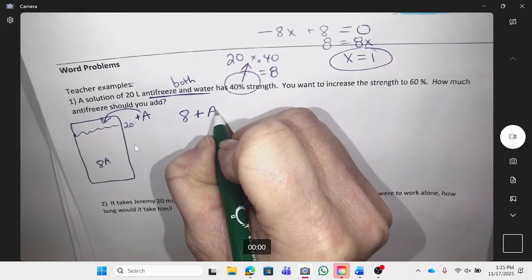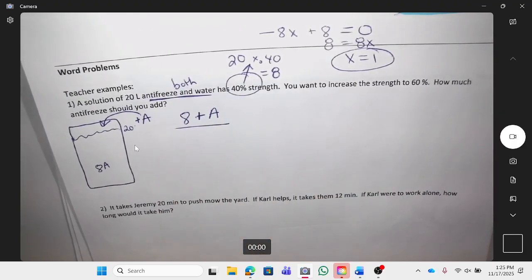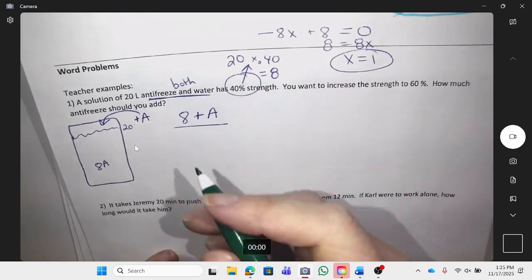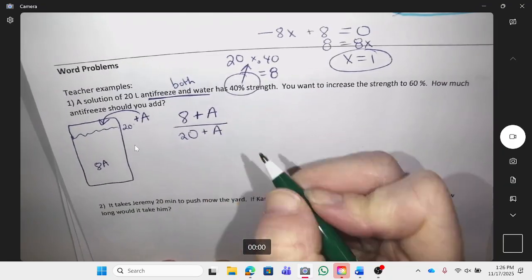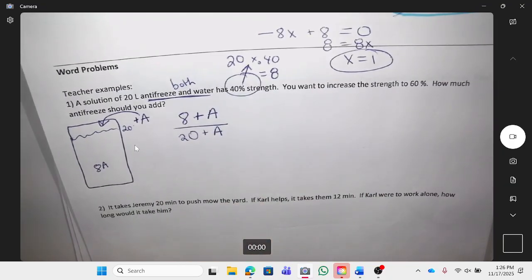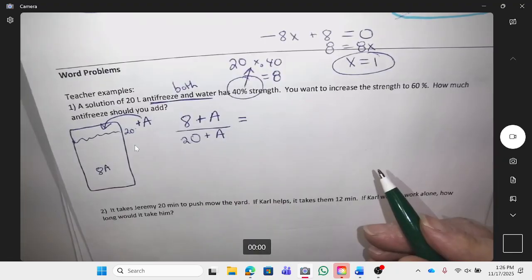Added more. Out of total. So what was our starting total? 20. But then that fluid also increased a little bit too, right? So what I'm really doing is antifreeze divided by total fluid. And the result I want to get to is 60%.